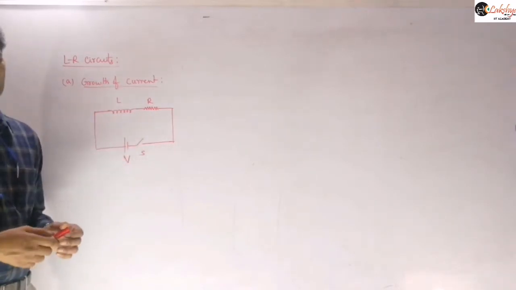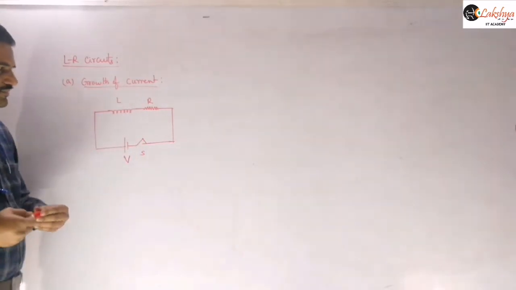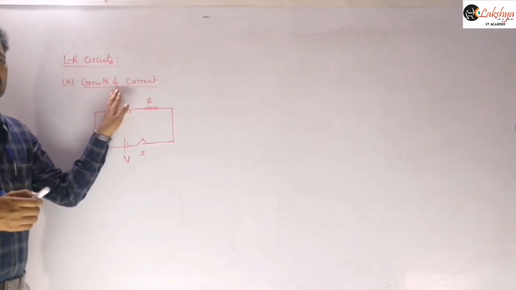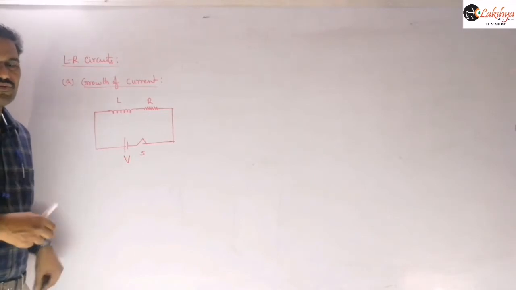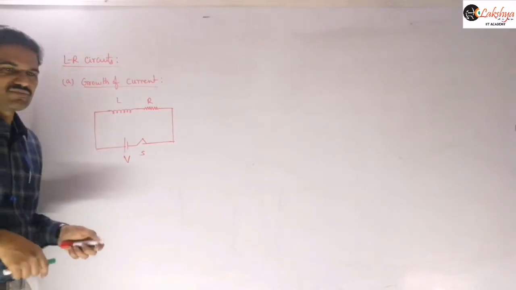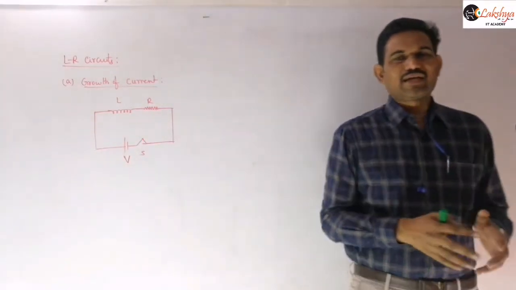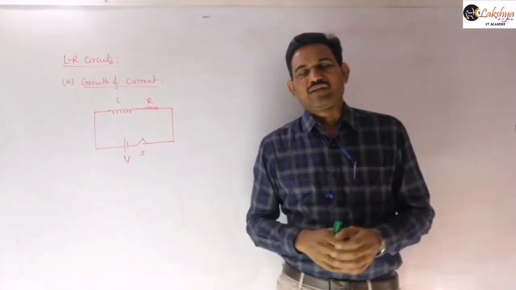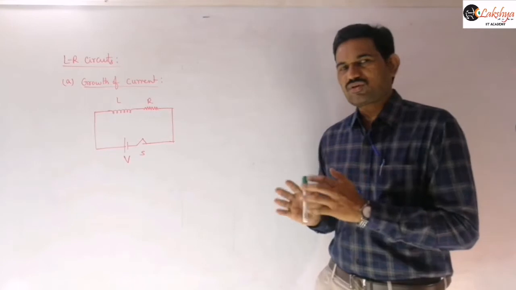Now when the switch is closed at t equal to 0, if this inductor is not there, then the current flowing through the resistance will be directly V by R, if V is the EMF of the cell. But when the inductor is present, the current does not reach V by R instantaneously. That is the important point you need to note here.